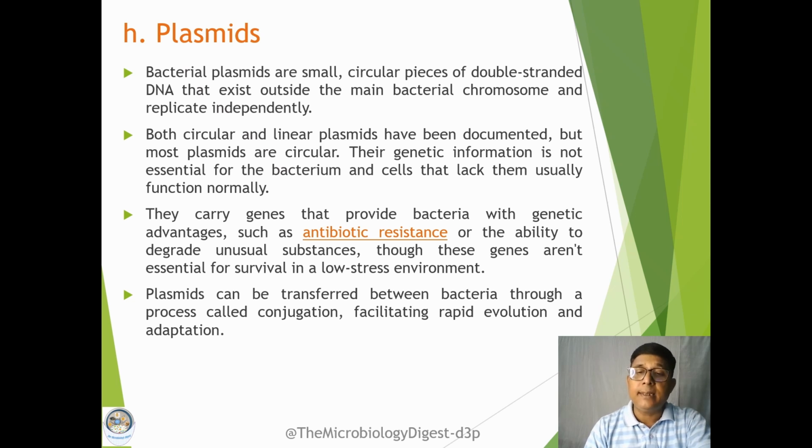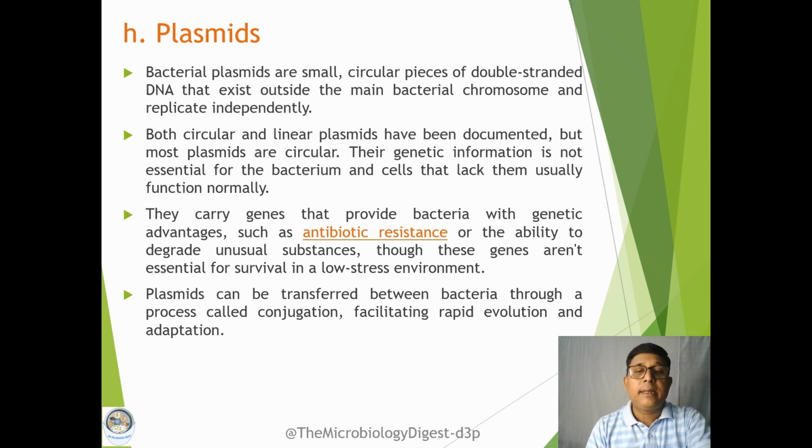That is why they are called extra chromosomal small circular DNA, and they can go for independent replication. Their replication is not dependent on the bacterial chromosome. So plasmids are extra chromosomal small circular DNA capable of independent replication. This is the definition of plasmid.